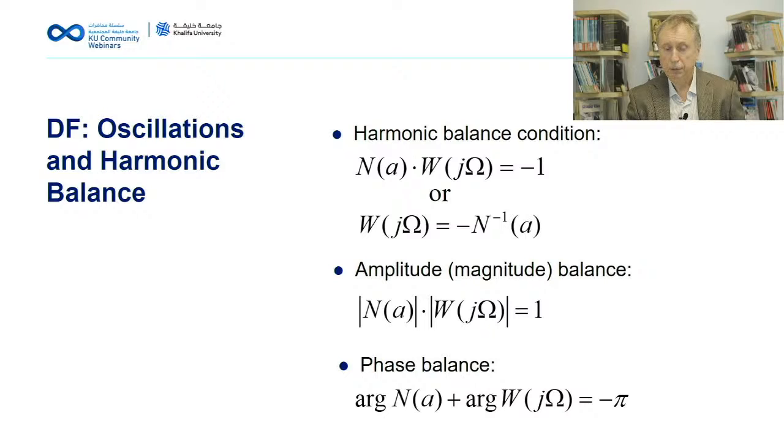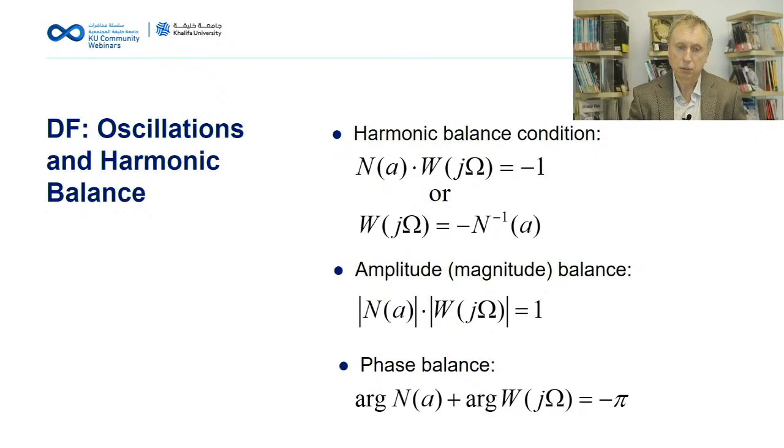So now if we divide both parts of these equations by N of A, we can rewrite this harmonic balance condition as W is equal to the quantity that we will be referring to as the negative reciprocal of the describing function. This is a form which is very convenient for the graphical illustration and for determining if the oscillations may happen in this system, because we can simply depict the solution of this equation in the complex plane.